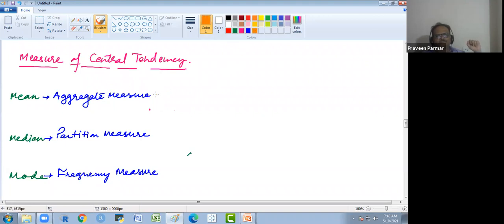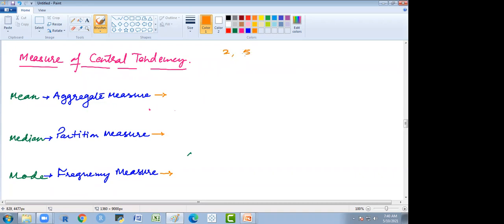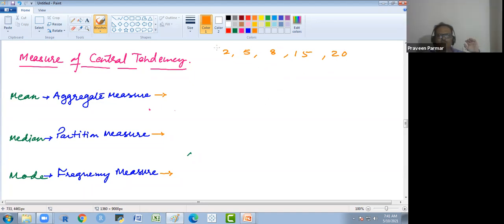Now, if I write a data set like this, and you find the mean of this data, what would be the mean?